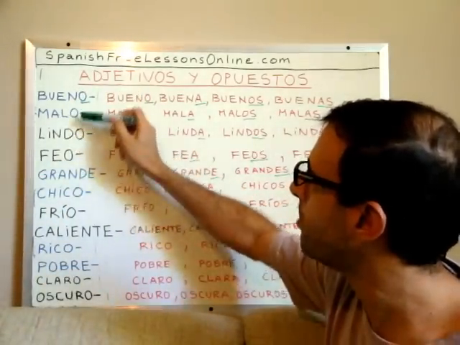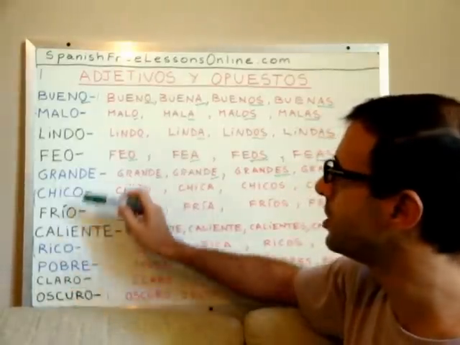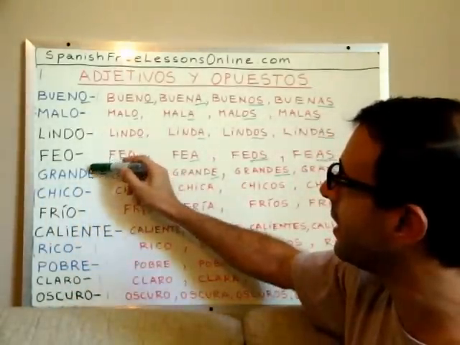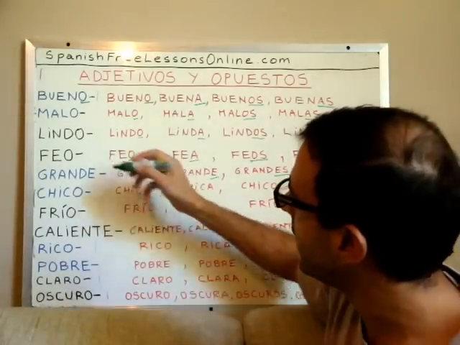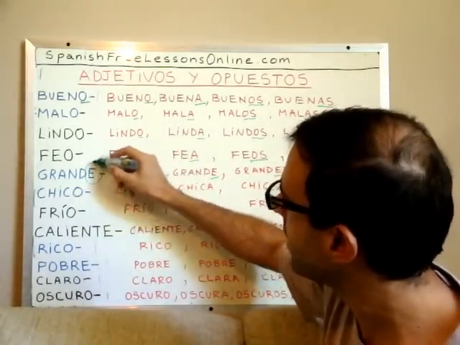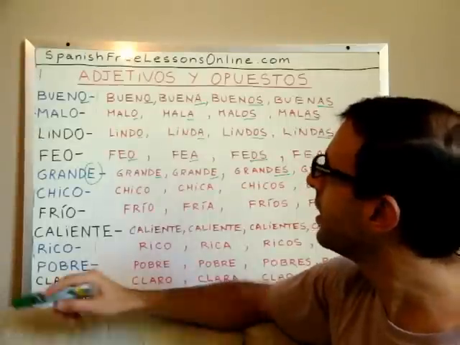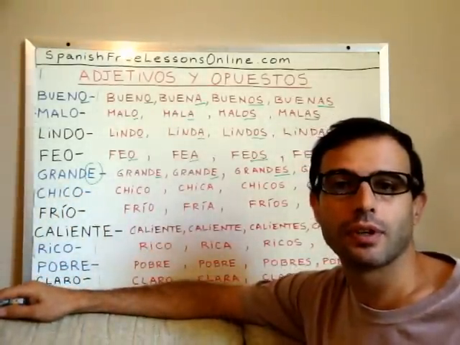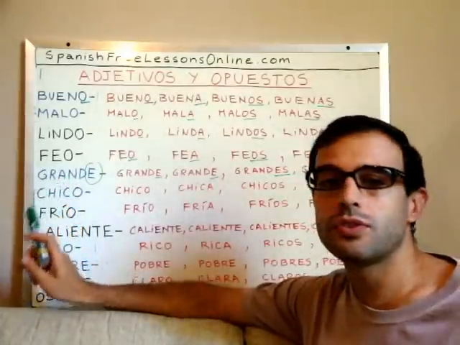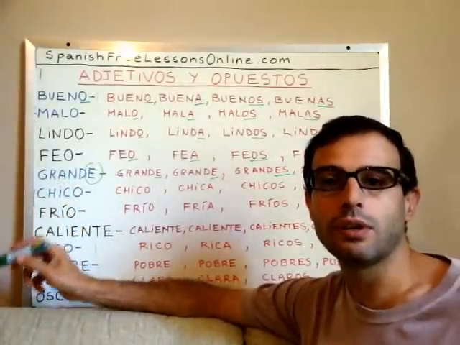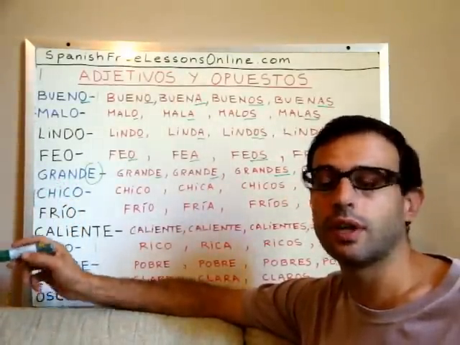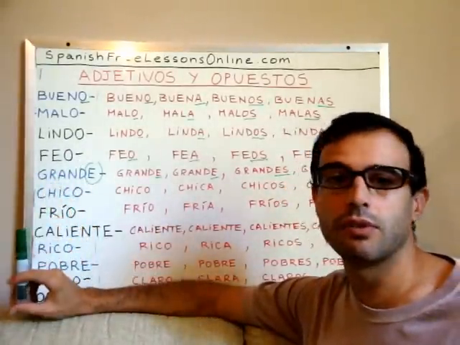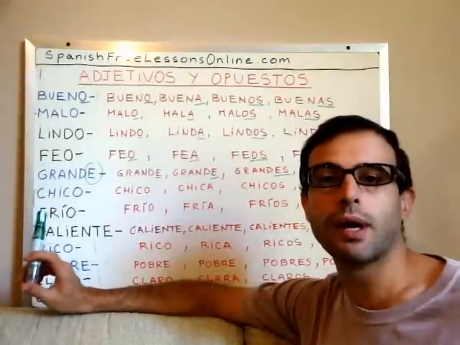Bueno, lindo, malo, feo, frío, chico. Grande is an adjective that ends in the letter E. So these adjectives that end in an E do not change for masculine or feminine. The noun can be masculine or feminine, but the adjective will not add the ending for masculine or feminine.